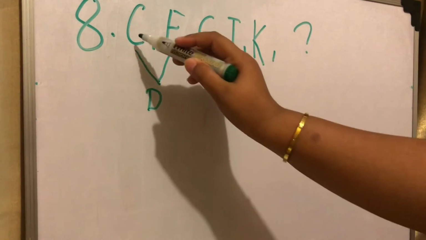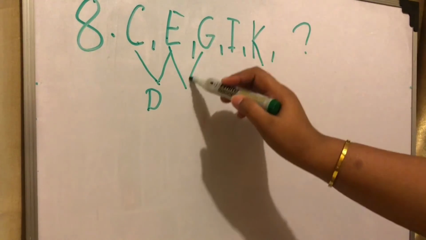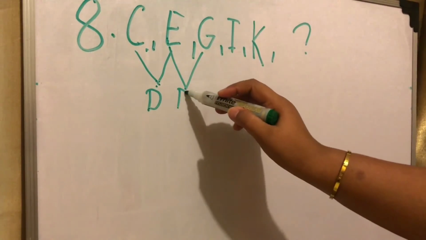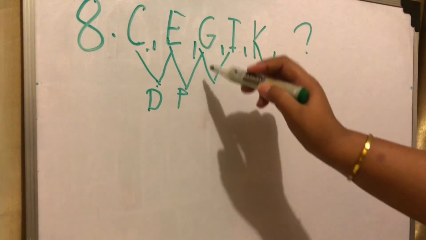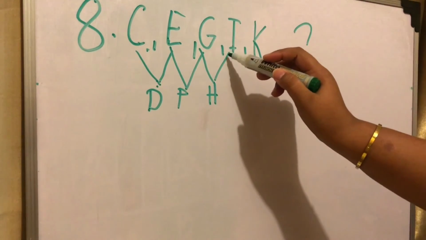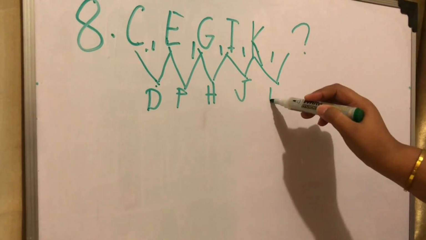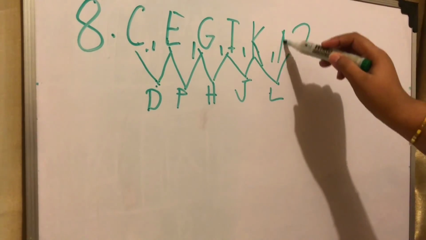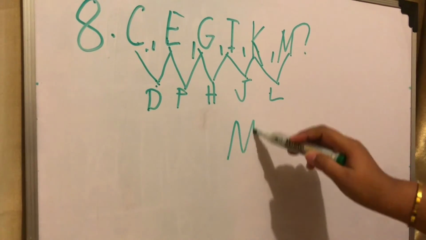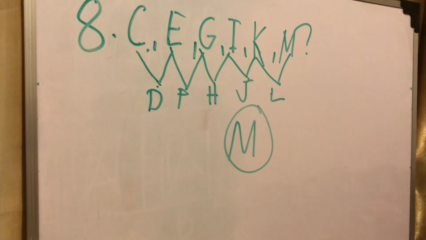C, D, E. Next to E is C, D, E, F, G, H, I, J, K, L, and next to L is letter M. Therefore, letter M is the next letter after letter K.